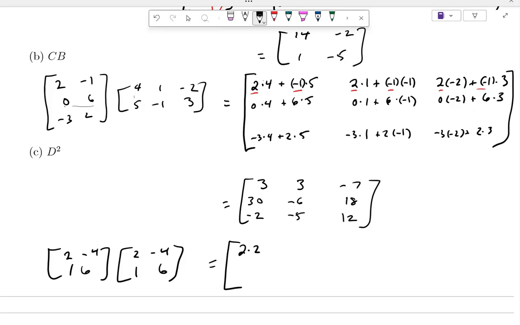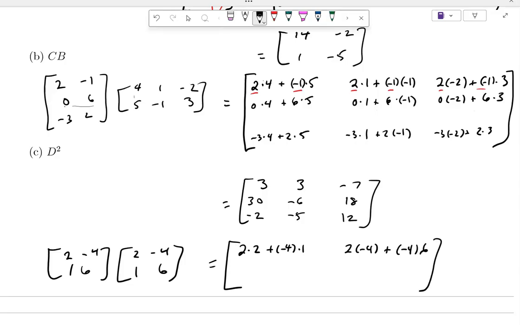And then negative 4 times the 1. The next entry in that first row will be... okay. And then good.